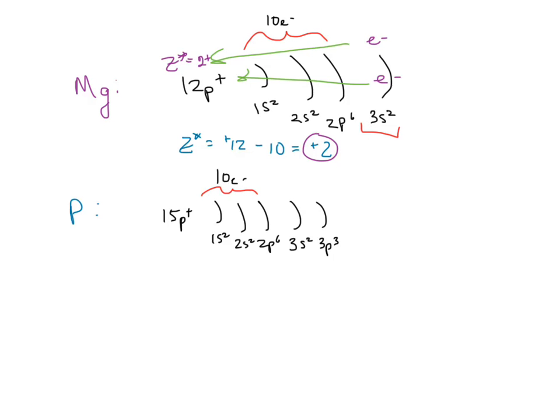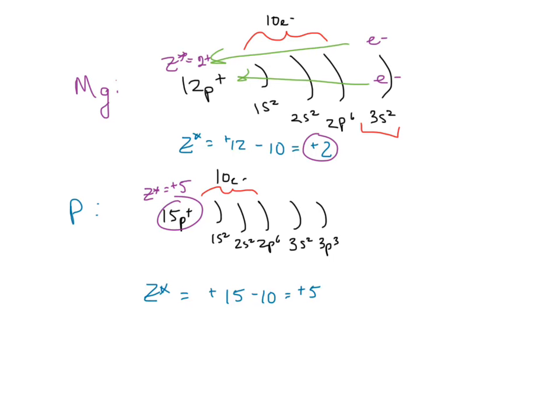So if we calculate the Z star, or the effective nuclear charge, that is equal to a positive 15, because that's the number of protons in its nucleus. Again, minus 10, equals a positive 5. So now up here for the nucleus, I'm going to draw a Z star equals a plus 5.